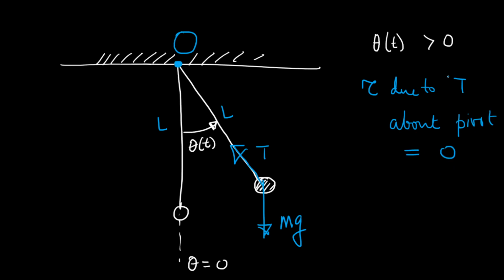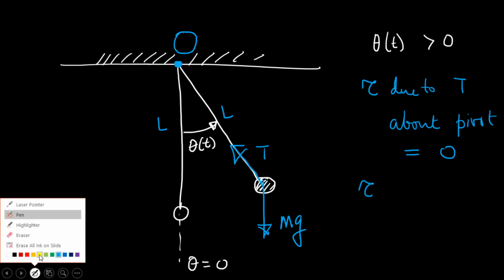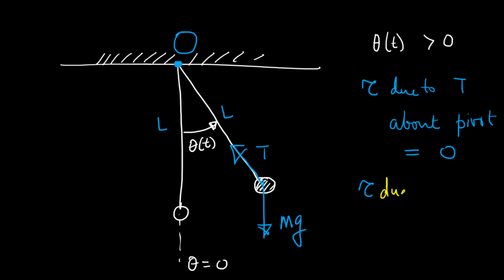So there's no need to worry about T, but what is the torque due to mg? And here's the thing, now I'm using the sign convention. What is the sign convention? I think this mg is trying to rotate this in the anti-clockwise direction about the pivot.